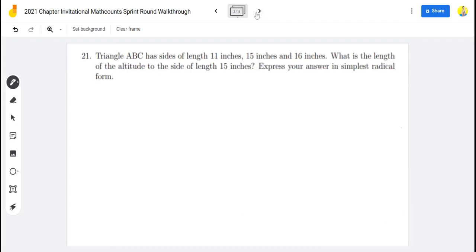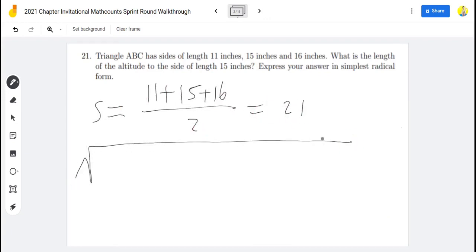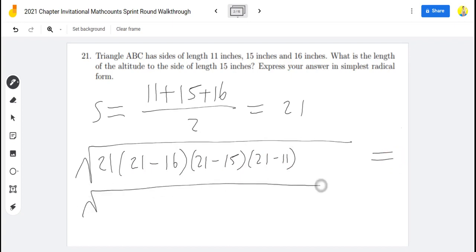In this case, s is just equal to (11 plus 15 plus 16) over 2, which equals 21. To find the area, we simply take the square root of 21 times (21 minus 16) times (21 minus 15) times (21 minus 11). And this all equals the square root of 21 times 5 times 6 times 10.